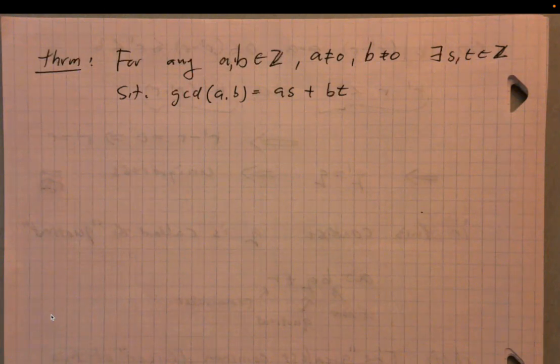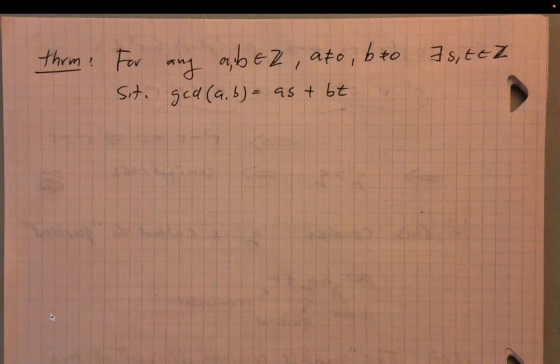Right, so there's more to the theorem, but let's pause for a second. So given two integers a and b, the greatest common divisor of a and b is going to have this form, as plus bt. Now this is like a linear combination of the integers a and b themselves.